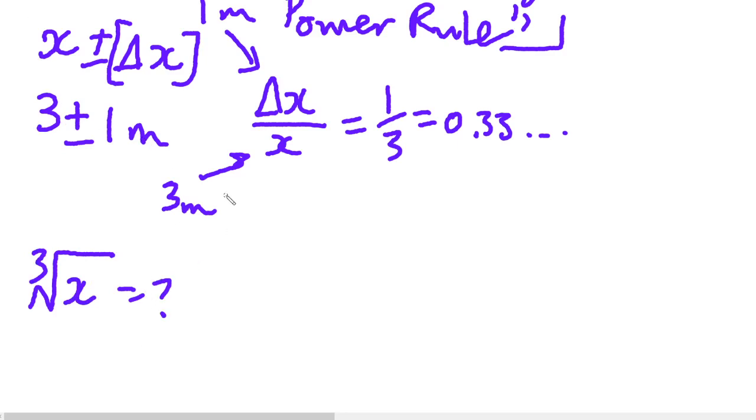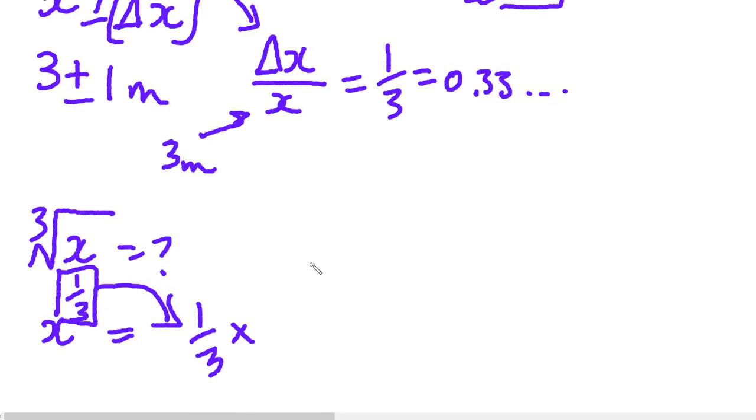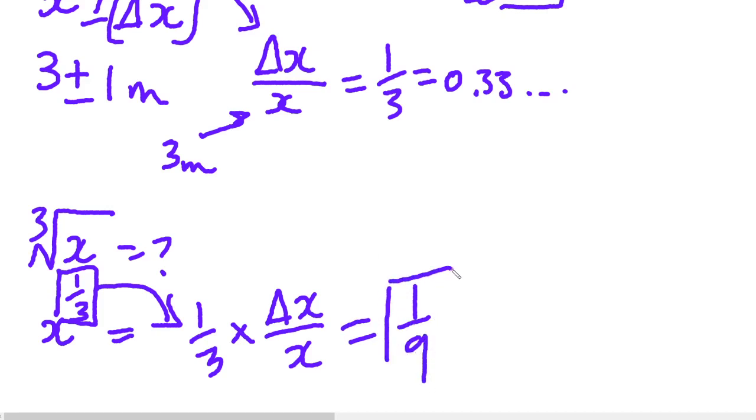Well, the rule states that since this is equivalent to raising x to the power of 1/3, we take this 1/3 and we multiply it by the fractional uncertainty, delta x over x, to get our final answer for the uncertainty. And in this case it would be 1/9.